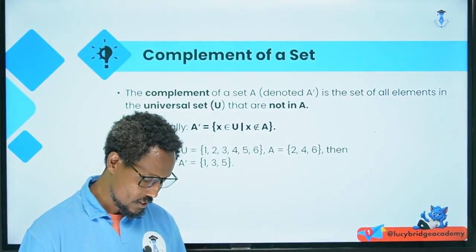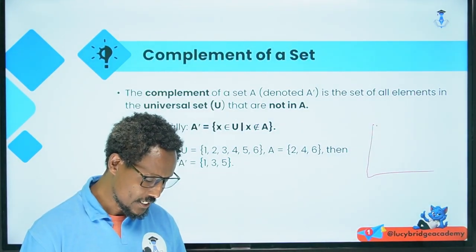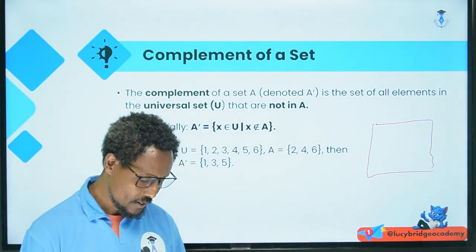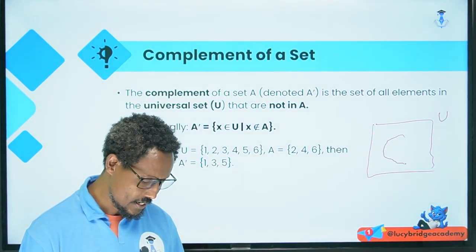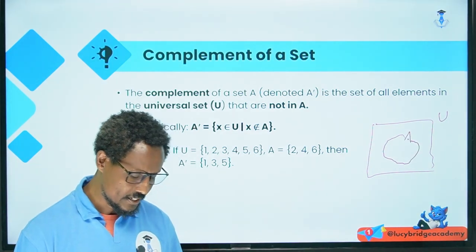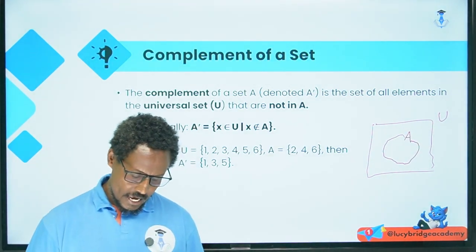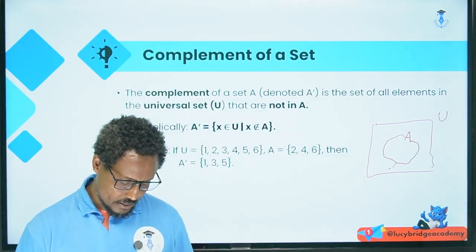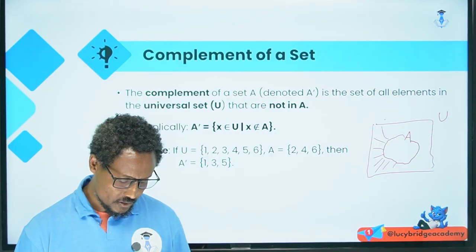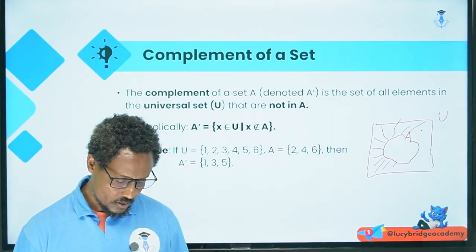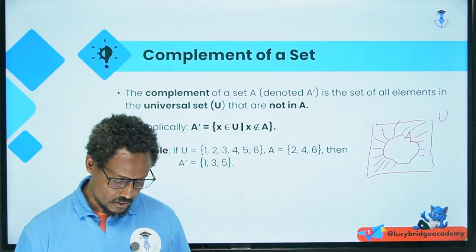Assume this is our universal set. The box represents the universal set U, and assume we have a circle, and the circle represents set A. A complement indicates the shaded region, okay? All this region represents A complement.